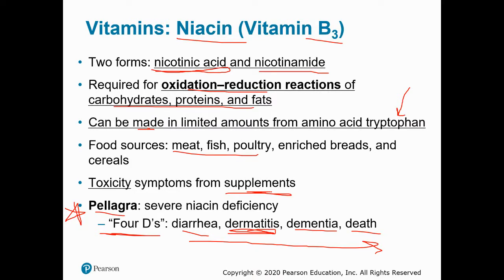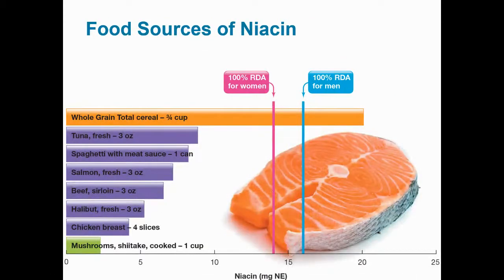It would be very, very difficult to eat too much of any micronutrient, again, because they occur in our foods in such relatively small amounts. Food sources, again, you're going to see whole grains, some fish, and then could be beef and chicken as well.